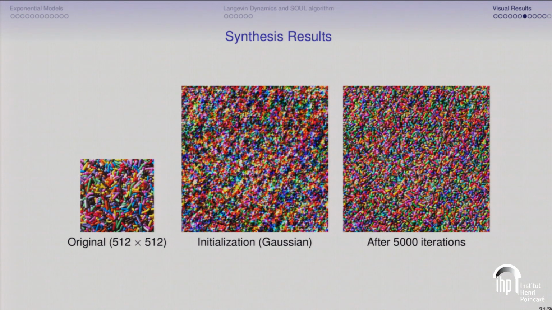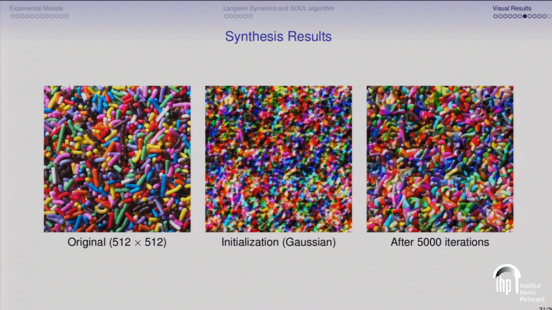Now, if you use very complex textures, so this texture is actually complex because it's very large. There are deterministic stackings of objects, which is quite difficult to capture with some statistics. So here is a close-up view of what happens.